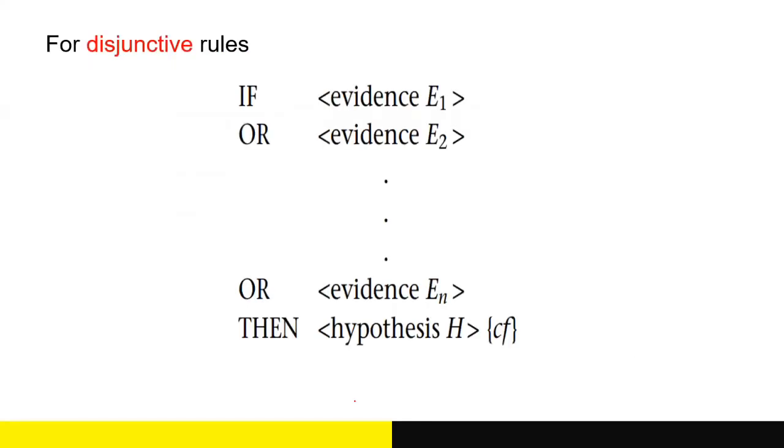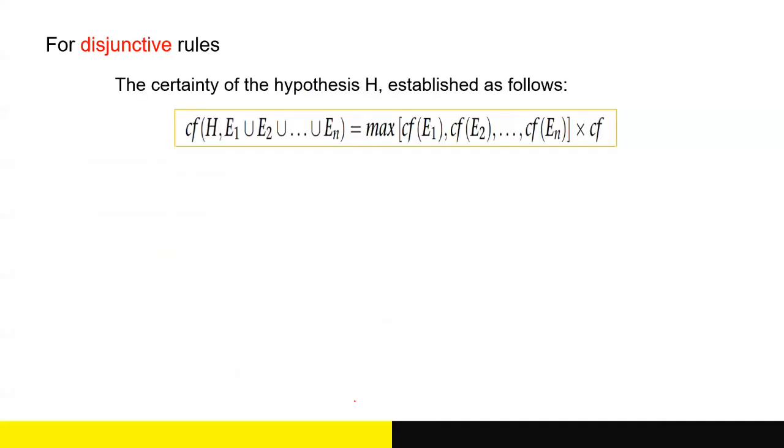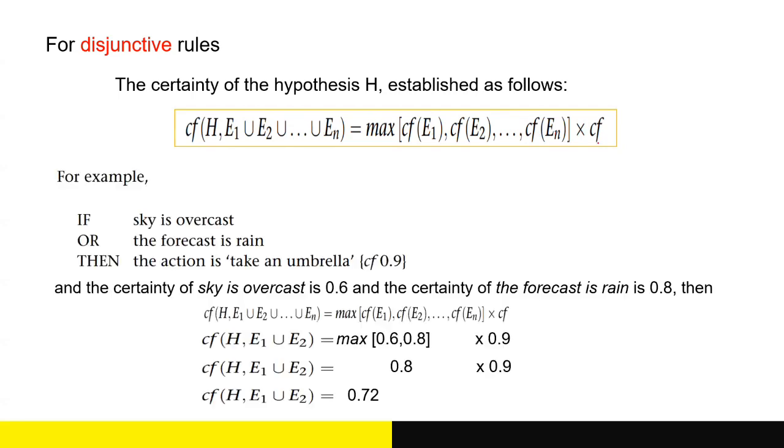For disjunctive rules, which are the or, the certainty of the hypothesis H is established as follows. The certainty factor of hypothesis given evidence 1 or evidence 2 or evidence N is equal to the maximum of the certainty factor of evidence 1, certainty factor of evidence 2, certainty factor of evidence N multiplied by certainty factor. For example, if the sky is overcast or the forecast is rain, then the action is take umbrella with certainty factor 0.9.